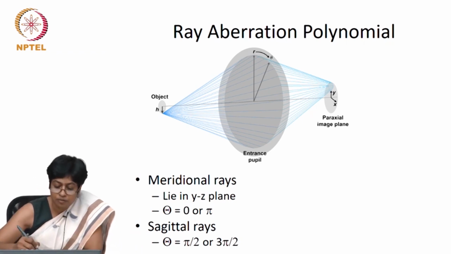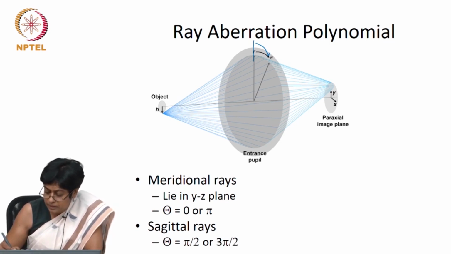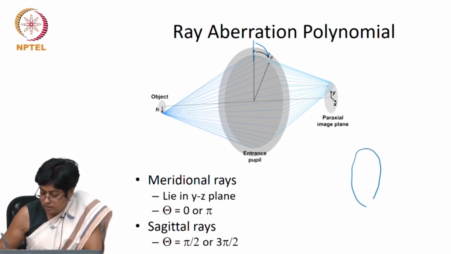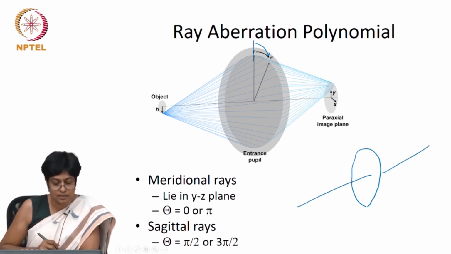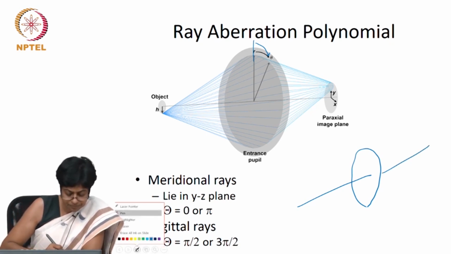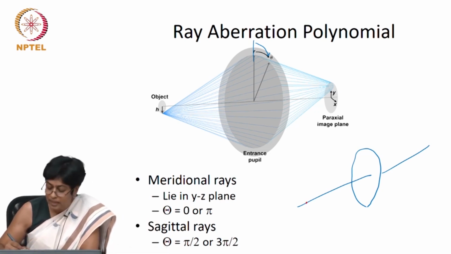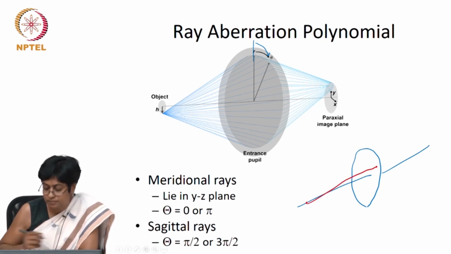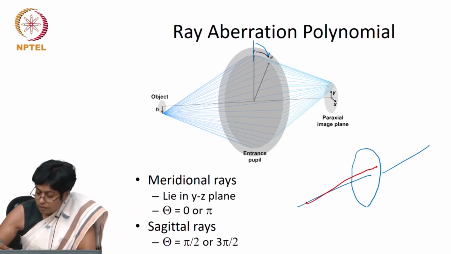Theta is the angle from the y-axis here. Maybe it's easier if I draw. This is my lens, and I'm drawing an ellipse because I'm showing it tilted. This is the optical axis, and you have a ray that starts off, let's say, from an axial object point, and that ray happens to go here. Now, because it has gone there, what are its coordinates?